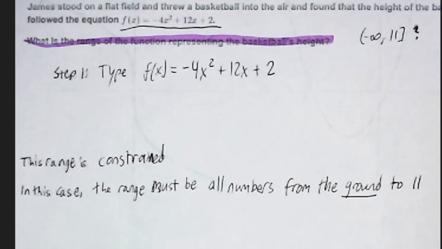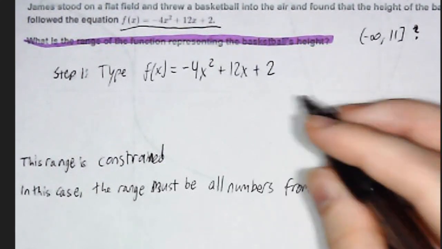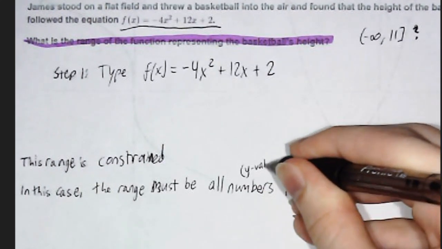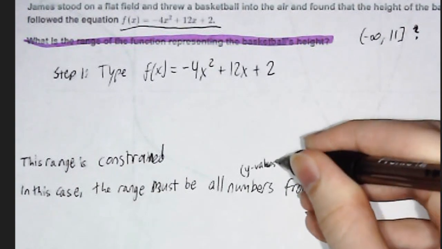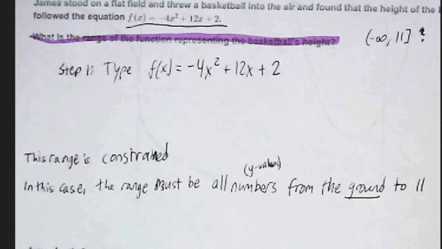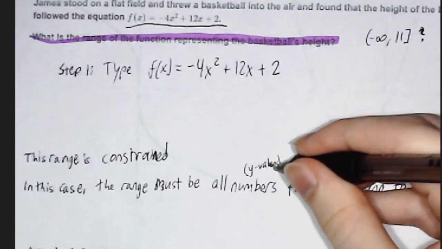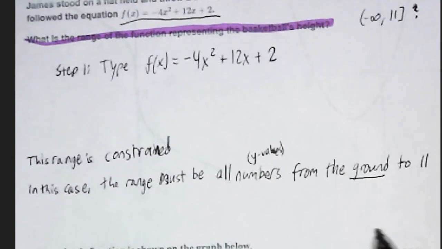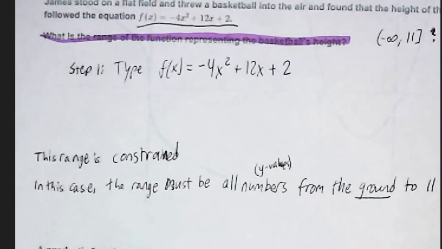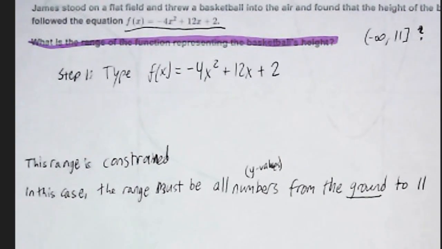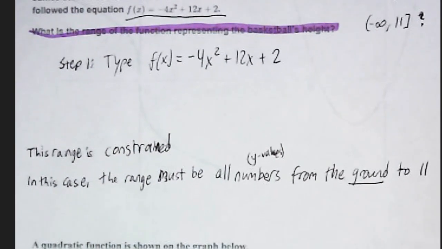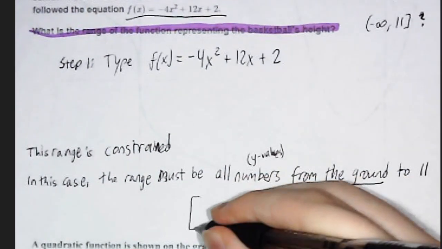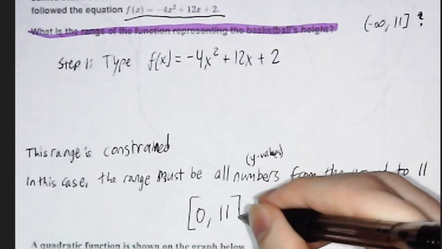So all of the numbers, and if you want, you can put these are the y values, not just any numbers, but these are all of the y values. All of the y values from the ground, which is 0, to y equals 11. So the real answer to this question is from 0 to 11.